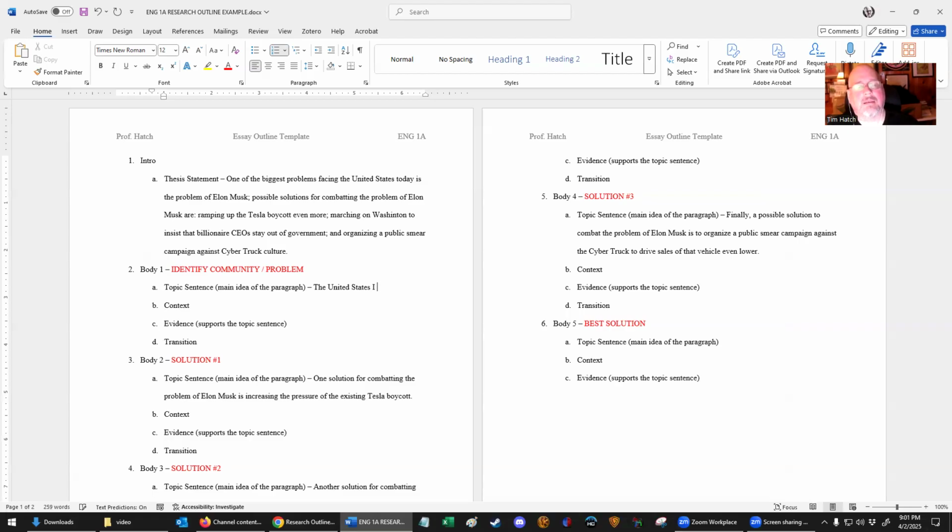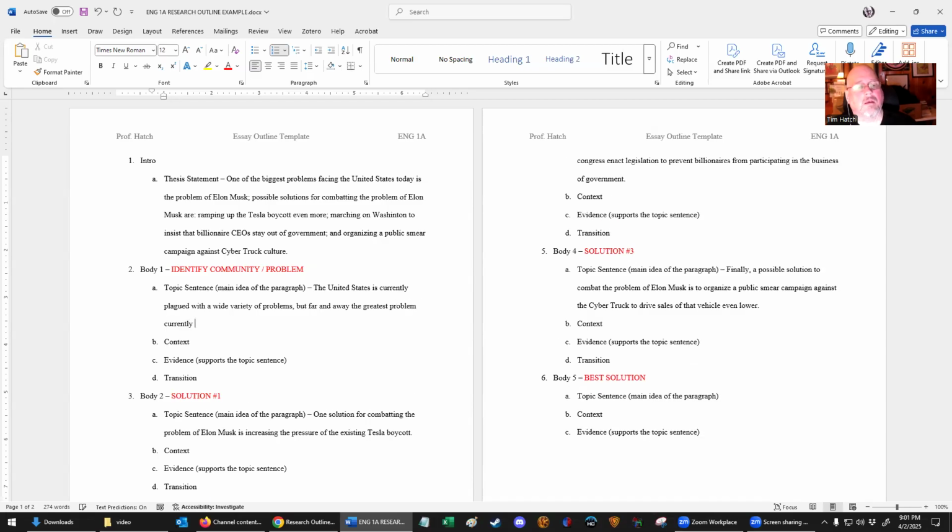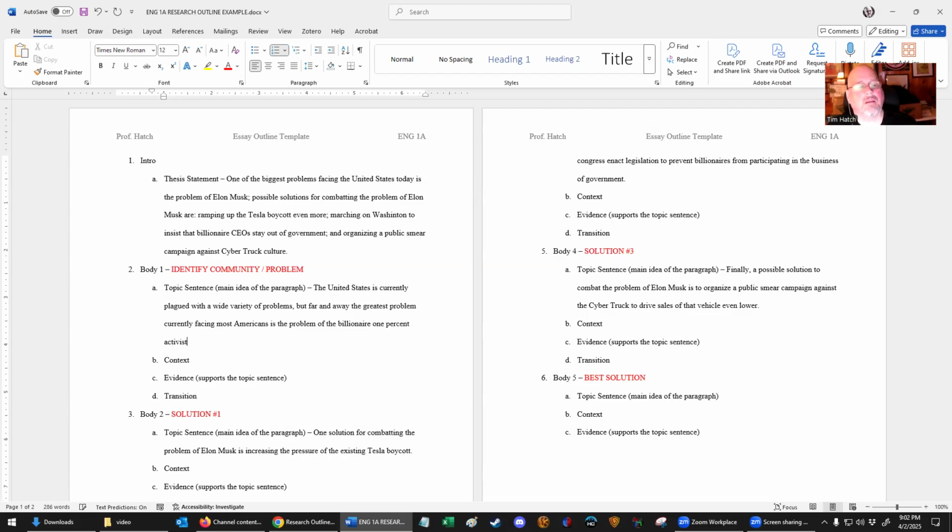The United States is currently plagued with, I don't know, a wide variety of problems, but far and away the greatest problem currently facing most Americans is the problem of the billionaire 1% activist Elon Musk.